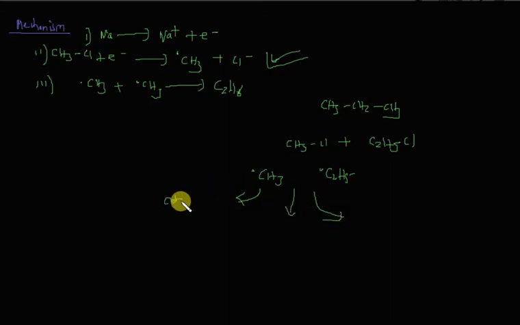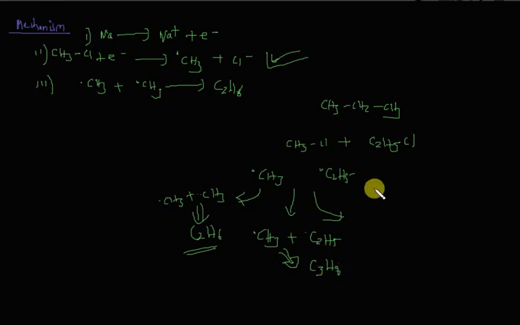First, a CH3 free radical will react with a CH3 free radical to form C2H6. Secondly, a CH3 free radical will combine with a C2H5 free radical to give propane, that is C3H8. And the third possibility is that two C2H5 free radicals combine among themselves to give butane, that is C4H10.